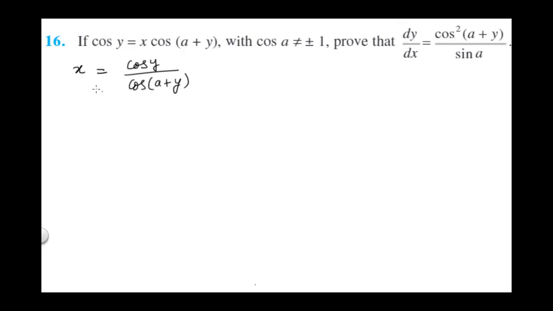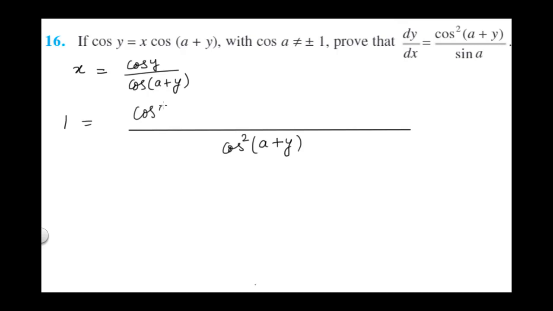Now we'll differentiate both the sides with respect to x. X differentiation will be 1 equals, here we are going to use quotient rule considering cos of y as u and cos of a plus y as v. So in the denominator we will have cos square a plus y, which is v square.